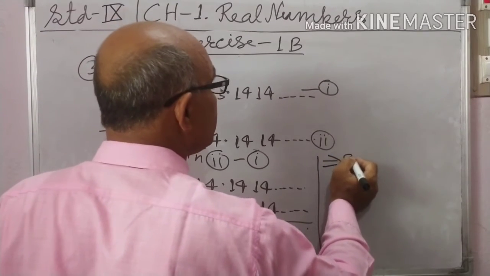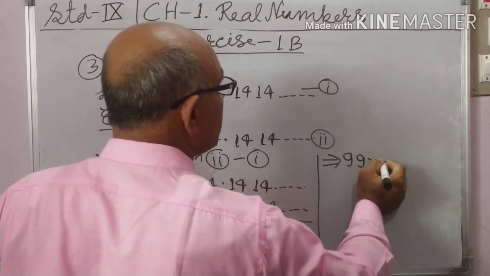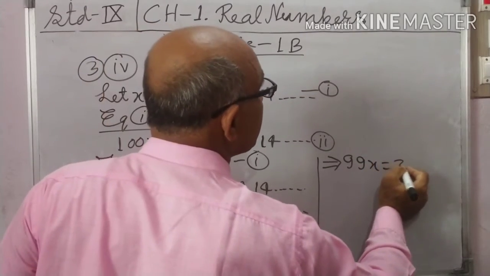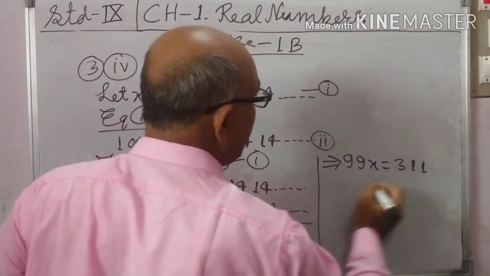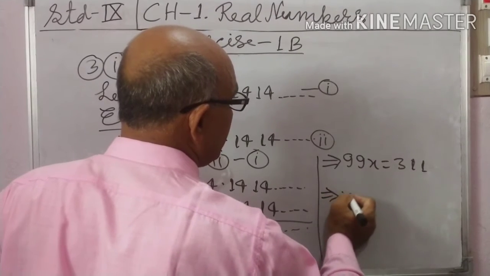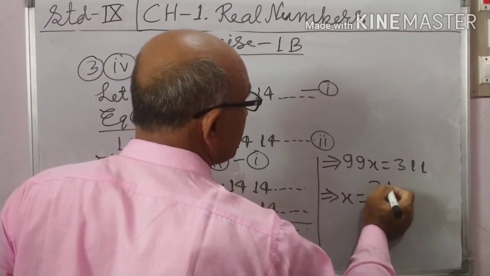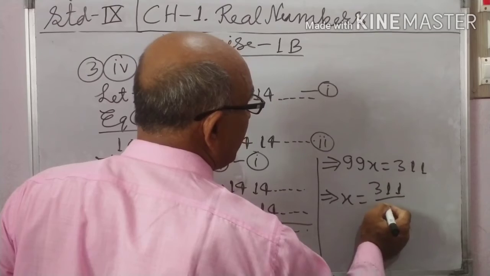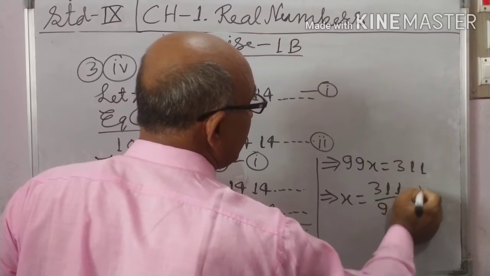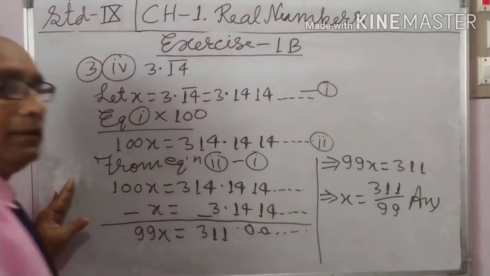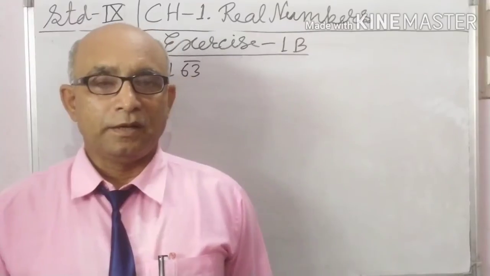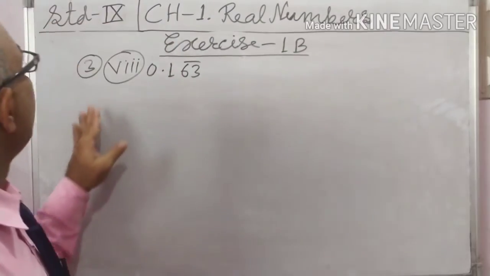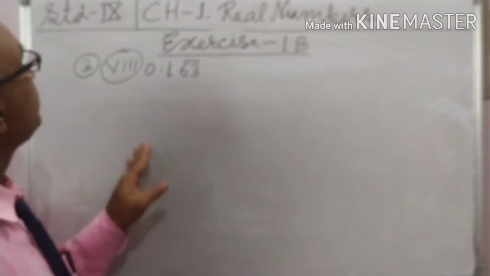That implies 99x equal to 311, x equal to 311 by 99, answer. Write it. Next question is question number 8 of 3.